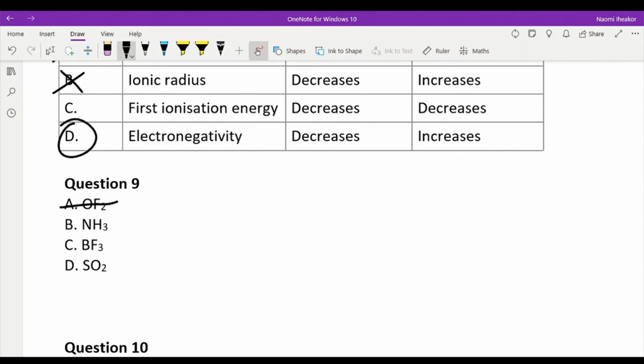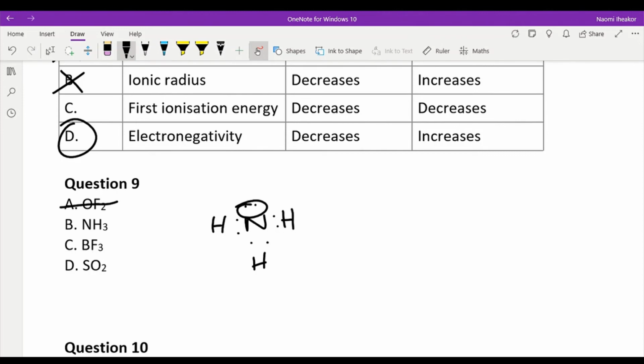So we've got nitrogen. Nitrogen has 5 valence electrons, so 1, 2, 3, 4, 5. Hydrogen has 1. So this is NH3. Once again, because of this lone pair, it's going to have a bend in the shape.